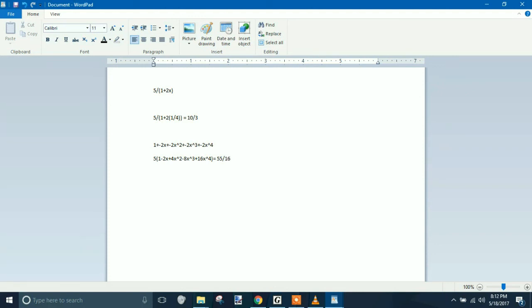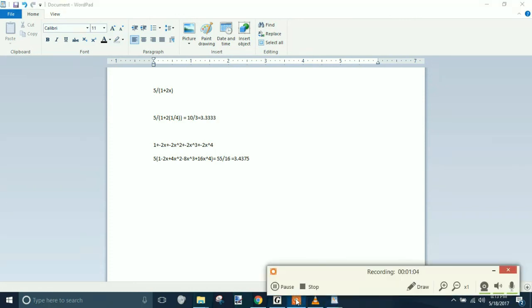Now 55 divided by 16 in decimal form is equal to 3.4375, and 10/3 up here is equal to, of course, 3.333. Now these are quite close, but of course these are quite close as this is an approximation, not an exact replica. But very quickly, we're now going to jump back into Java to modify the program to see how this runs.